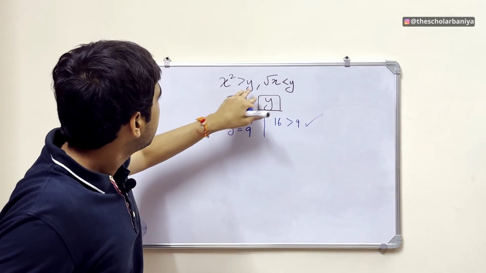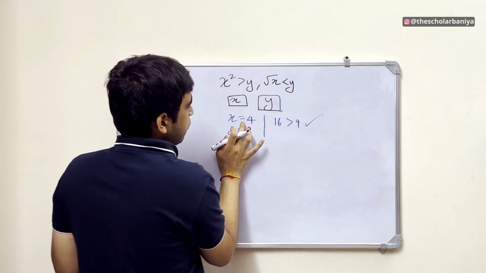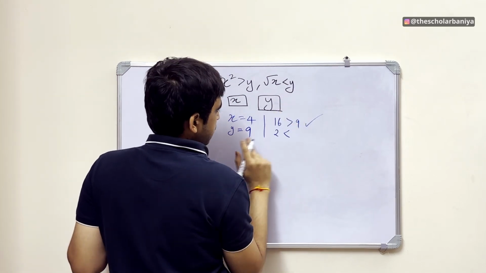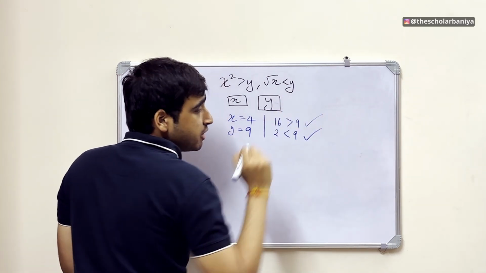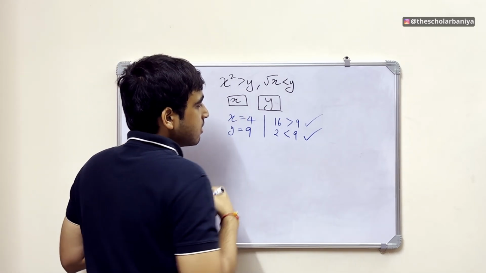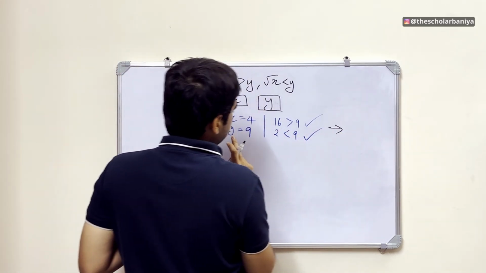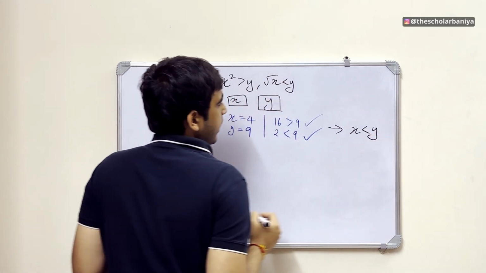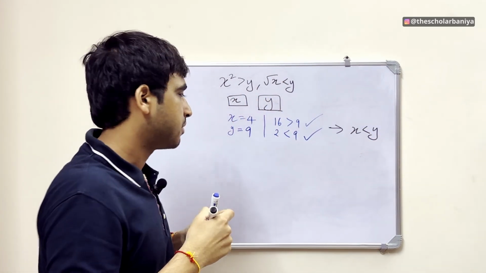Root x, which is root 4, which is 2, is less than y, which is 9, which is absolutely right. So in this case, we can say that x is less than y, or y is greater than x, whatever.